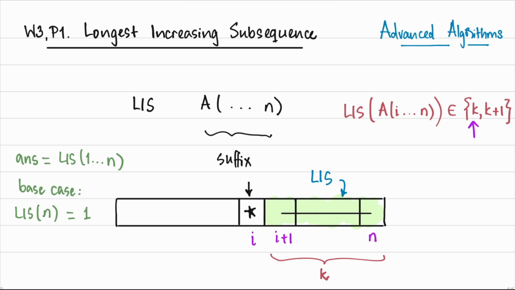We didn't ask for any other information about these subarrays. So with just the information about the length, notice that we are actually stuck, right? We don't have enough information to know whether we should make that upgrade or not, right? So essentially, by just storing the lengths of the LISs, we will not be able to write a meaningful recurrence relation, okay?